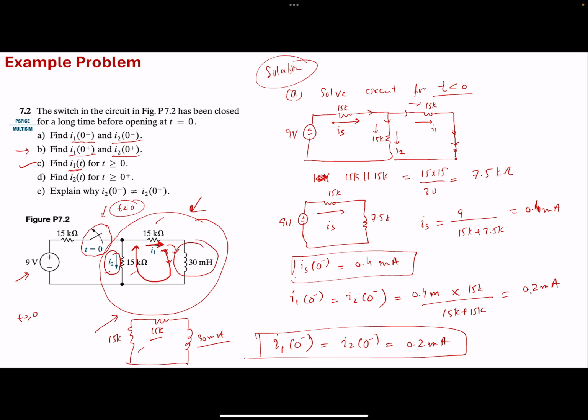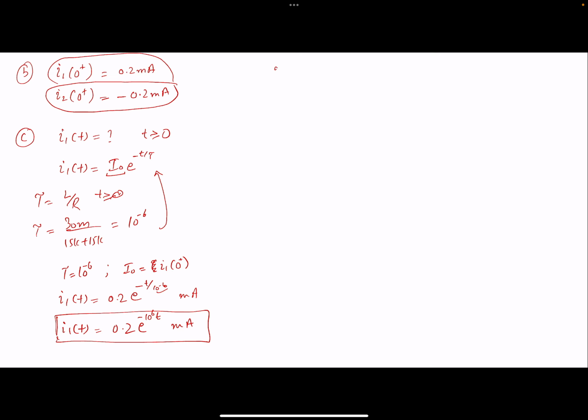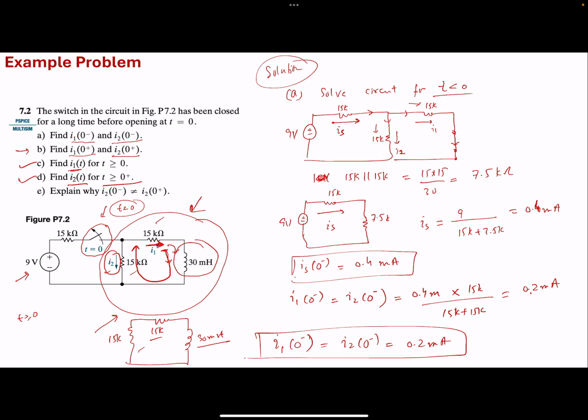The other thing that I need to find now, in part D, is I2 for t greater than or equal to 0 positive. So let's find I2 of t. Again, if I look at this circuit, I know that my I1 is flowing in this direction. I2 is shown over here in the main circuit as flowing downward originally.